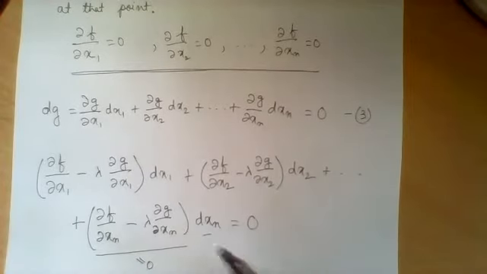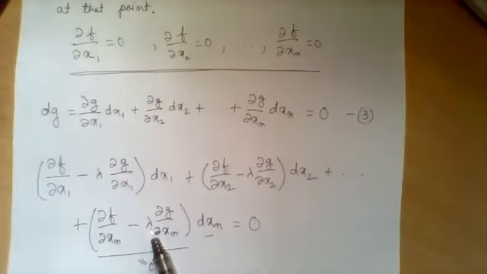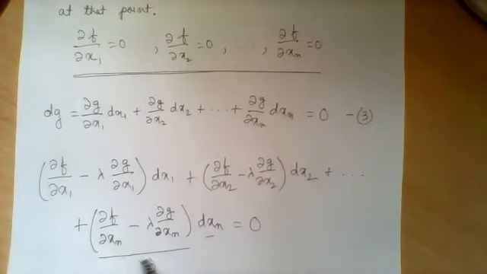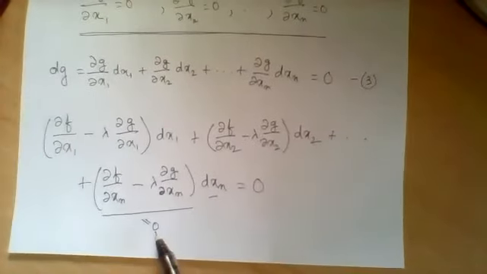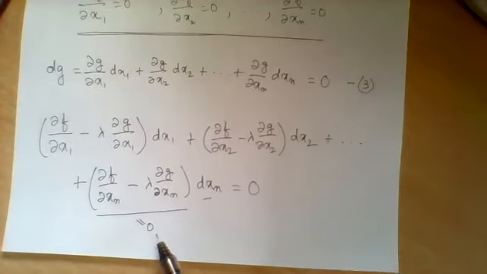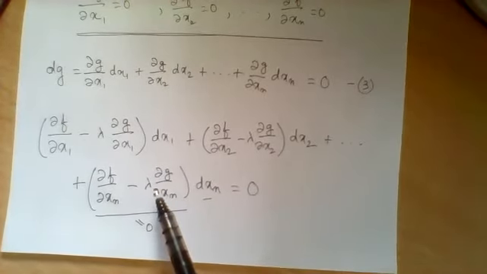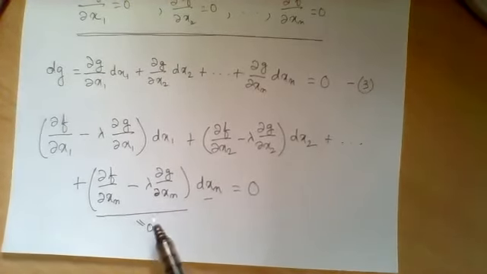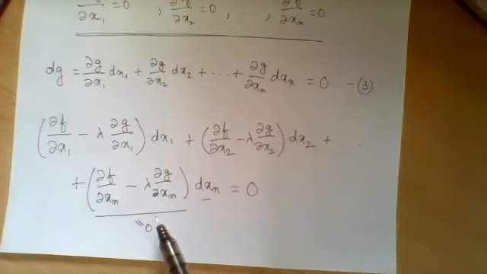This xn can be expressed as a function of x1 to xn minus 1. Now we choose our lambda in such a way that this coefficient of dxn is 0. By a proper choice of lambda, we can eliminate this term.